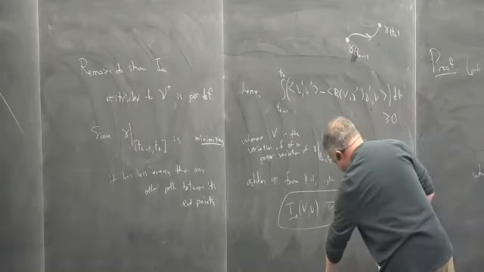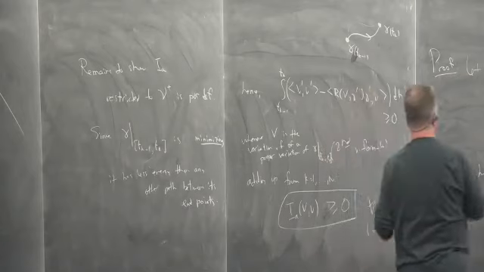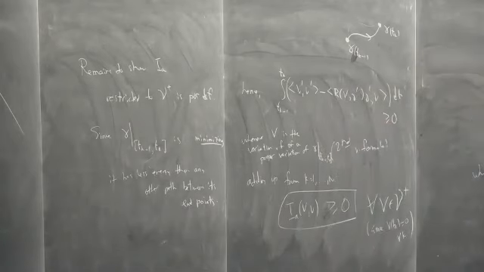Okay, so what have I shown so far? I've shown that I_A is non-negative on V plus. So I_A of V, V is greater than or equal to 0 for all V in V plus. We're halfway there. Let's call this star.